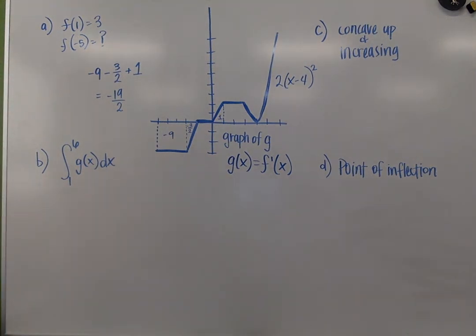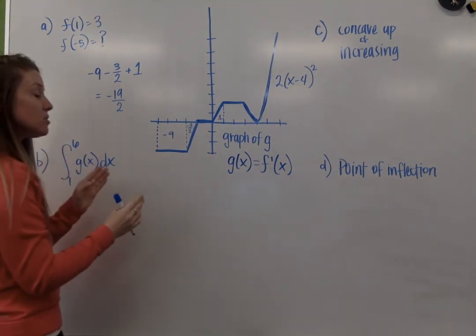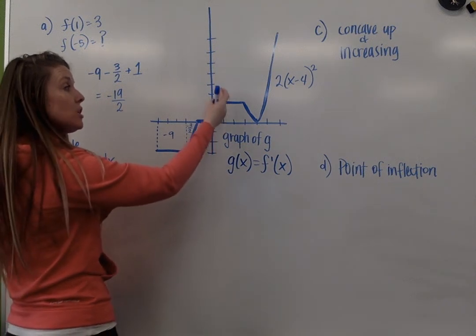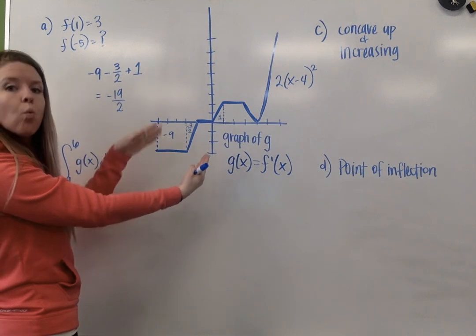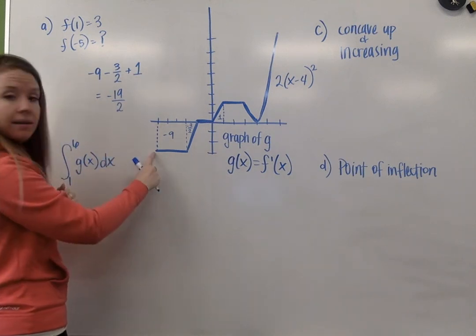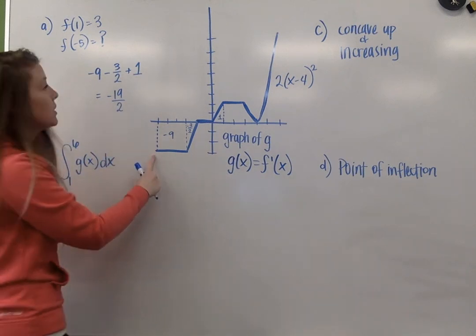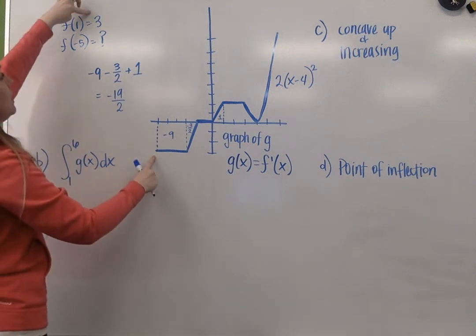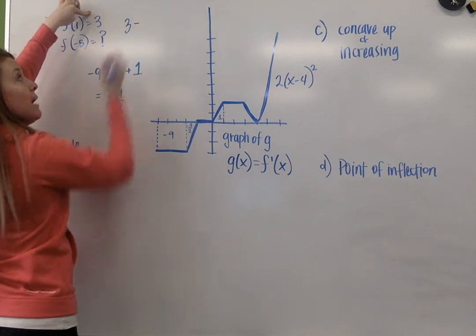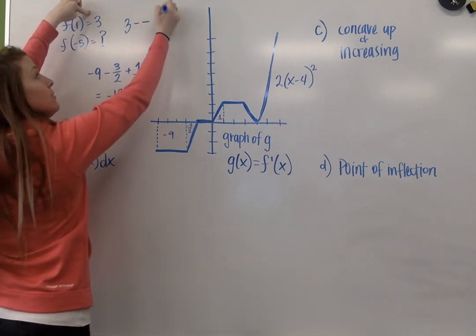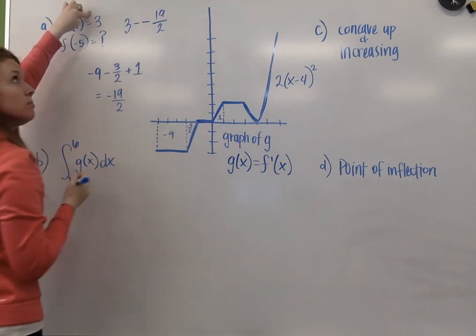Yep, cool. So that tells me if we were at position 3 and we had covered negative 19 halves, where was I at negative 5? So what I'm going to do, I am going to take my 3 and I am going to minus my negative 19 halves.